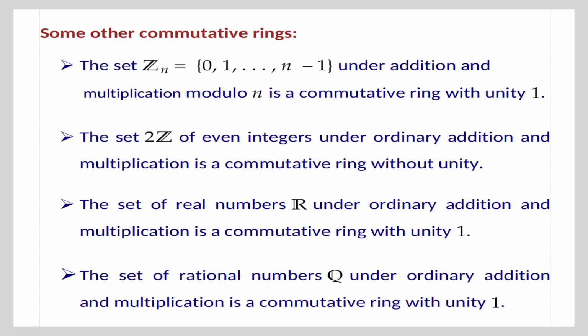The set 2Z of even integers under ordinary addition and multiplication is a commutative ring without unity. The set of real numbers R under ordinary addition and multiplication is a commutative ring with unity 1. The set of rational numbers Q under ordinary addition and multiplication is a commutative ring with unity 1.